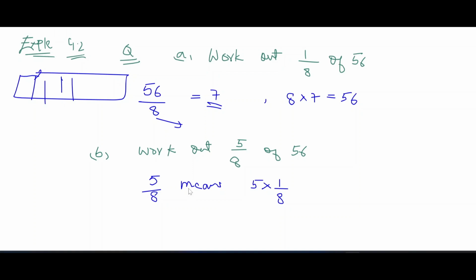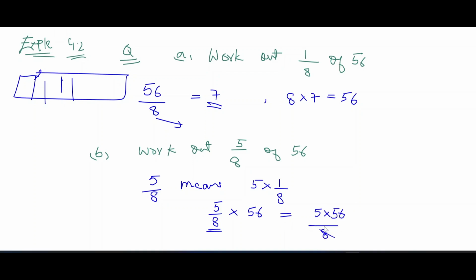Or you can write it like this: 5 by 8 is the part we want of 56. 5 by 8th part of 56, first of all, 56 divided by 8.